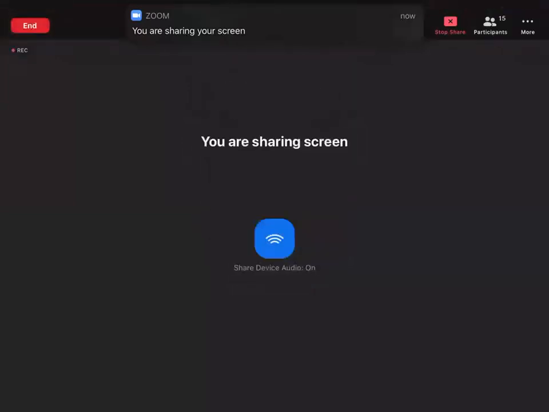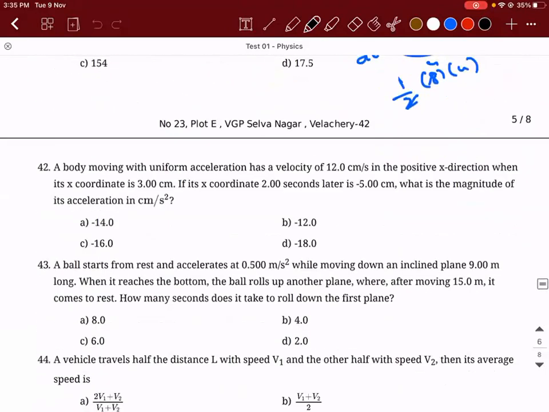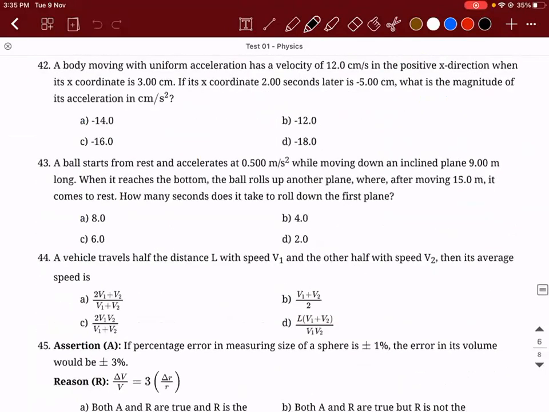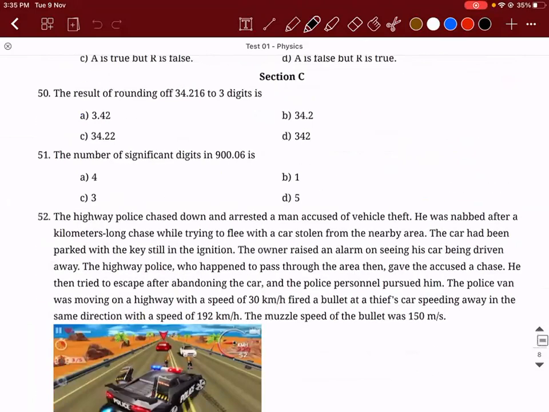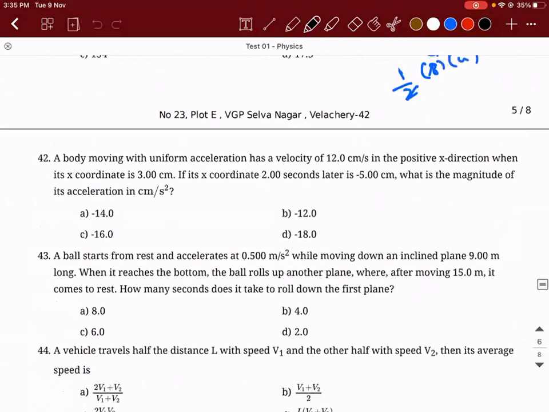Shall we get started? So what was the last problem we were discussing yesterday? I think we completed till 41, I guess. Yeah, 41 is the last question I'm able to see. Let's finish it fast. Then we'll go to 42.